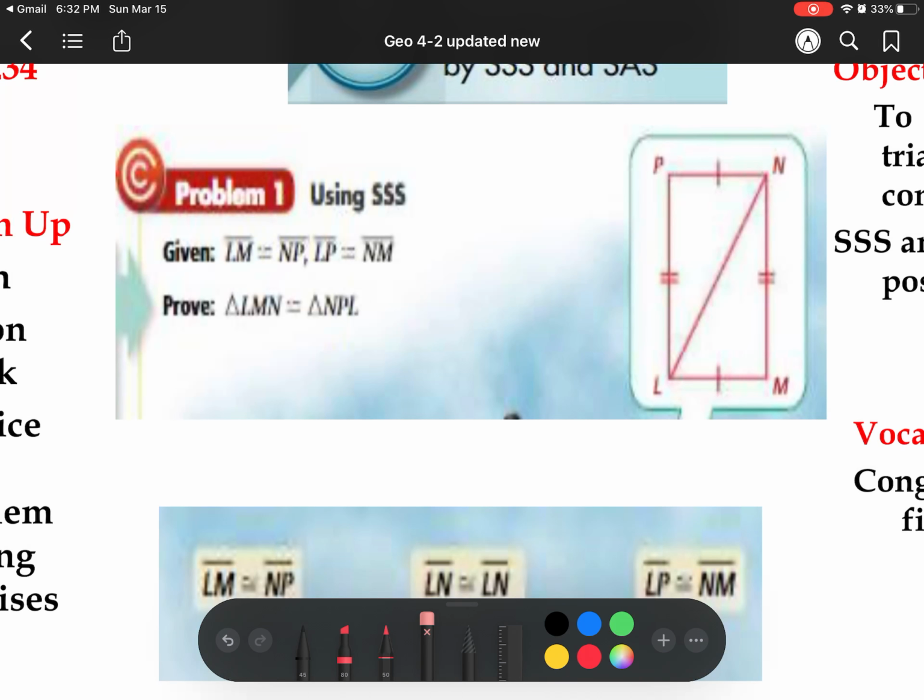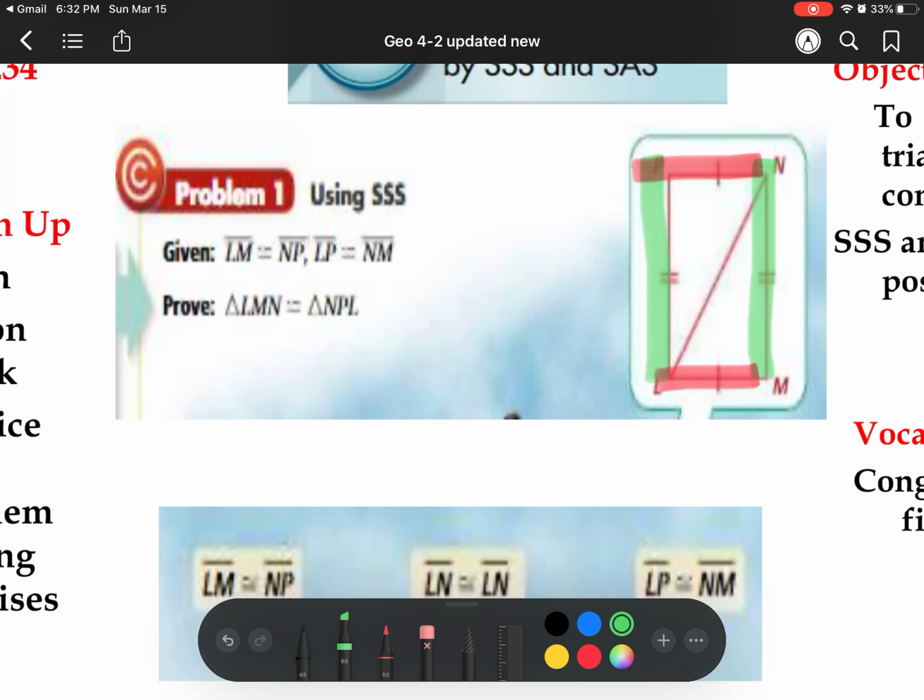The question is saying LM is congruent to NP. This is the first side. I need two more sides. The second one is LP is congruent to NM. This side is congruent to this side.